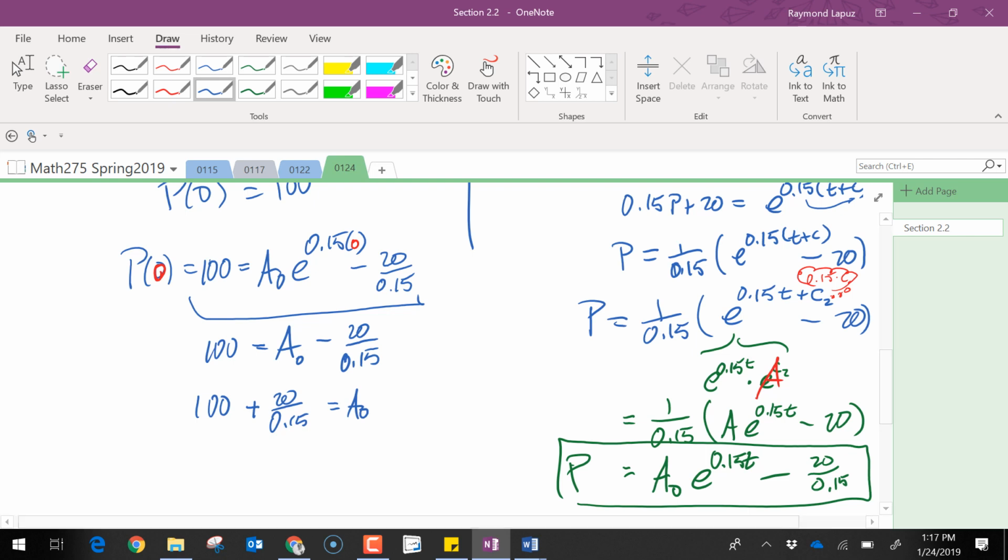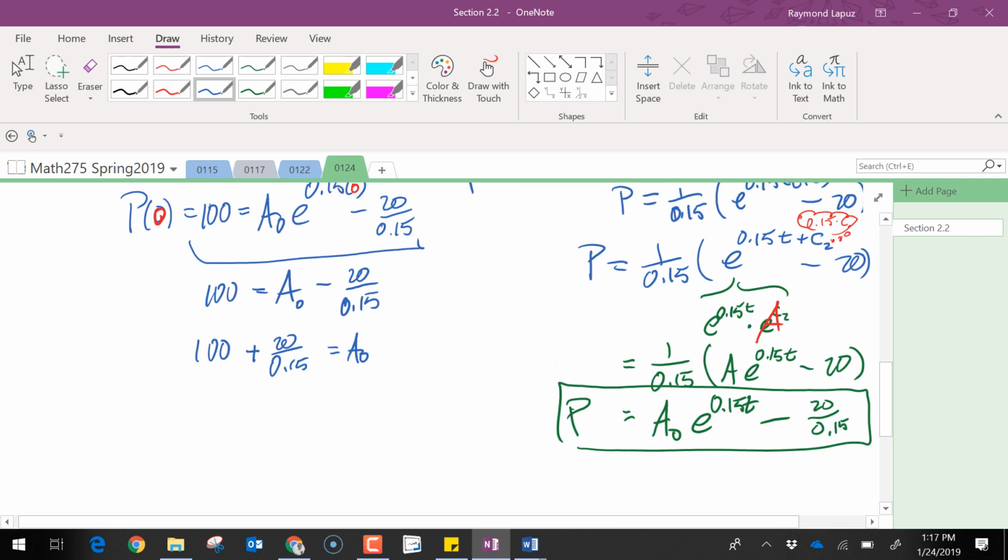Can somebody find a nice number for me without the 0.3333? A fraction? Can you make that into a fraction?